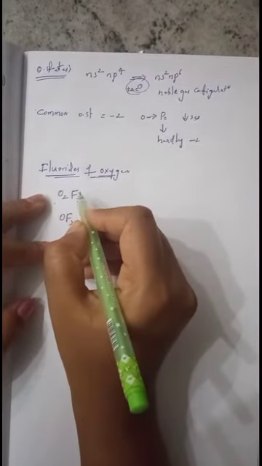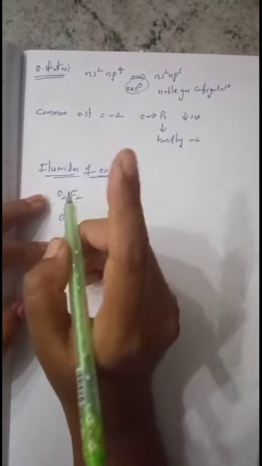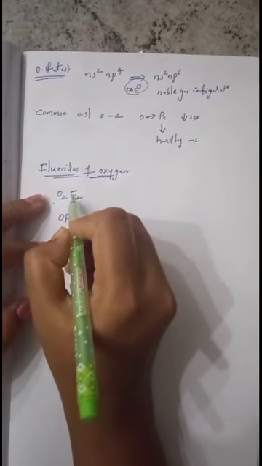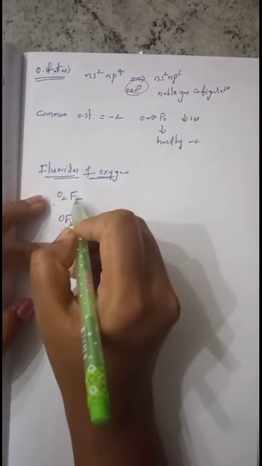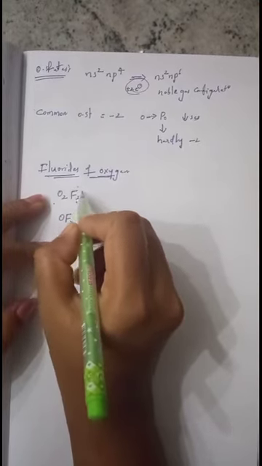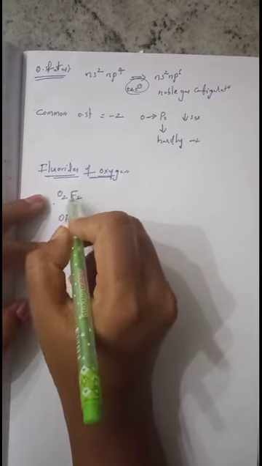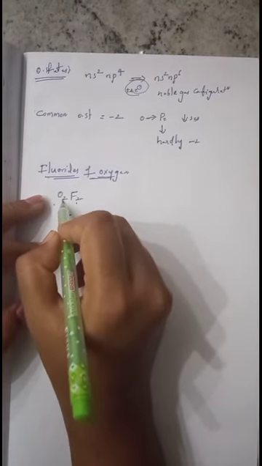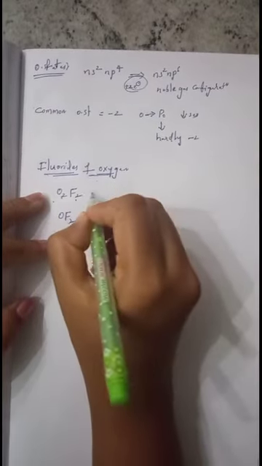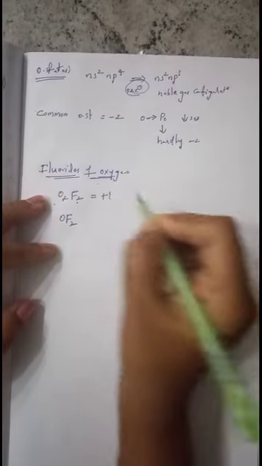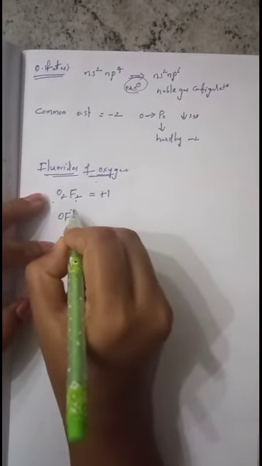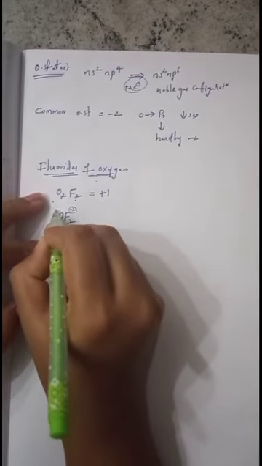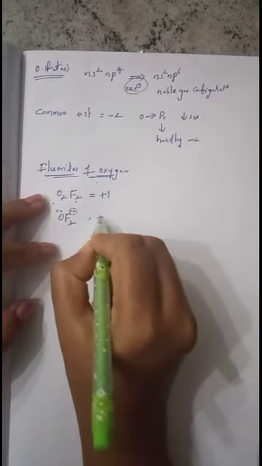Here two fluorine atoms are there, and each fluorine atom shows -1 oxidation state. Because of having two fluorine atoms, the negative charge shown by the fluorine is -2. When that -2 is shared by the two oxygens, each oxygen will have +1 oxidation state. Now here, 2 fluorines give -2. To balance this -2, oxygen shows +2 oxidation state.